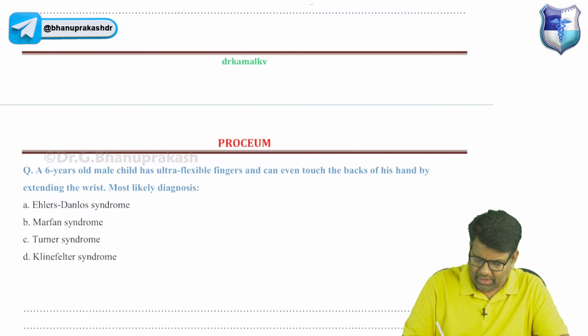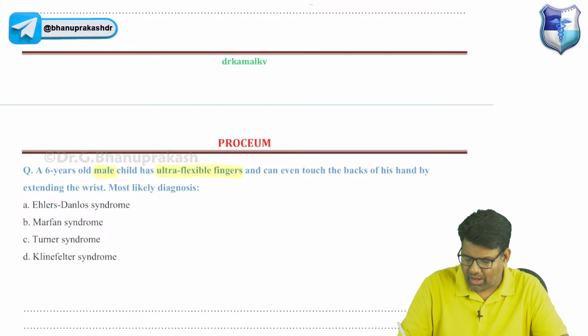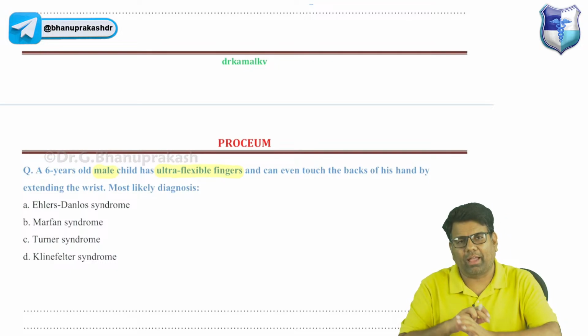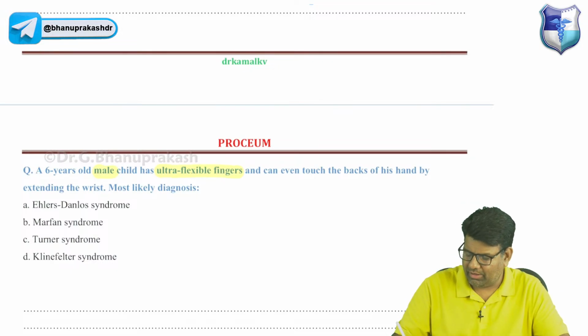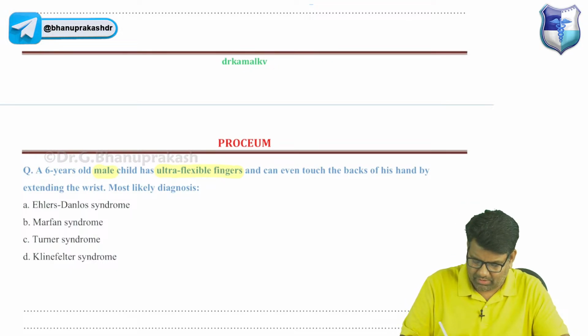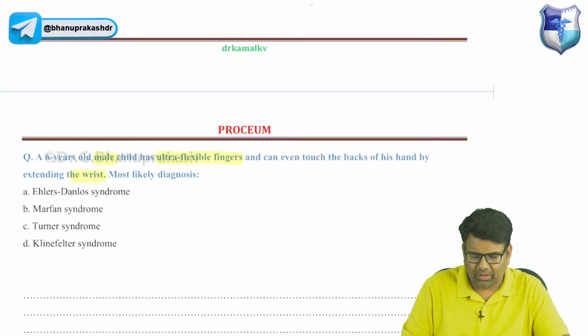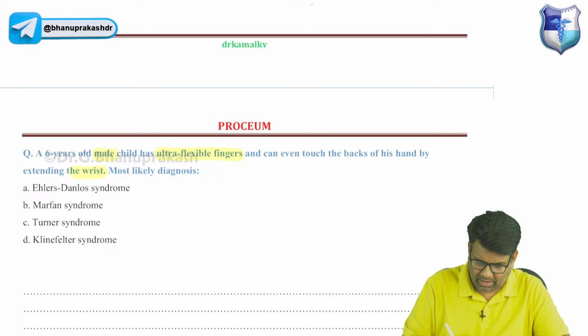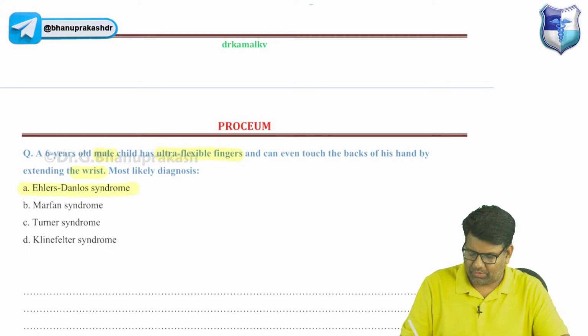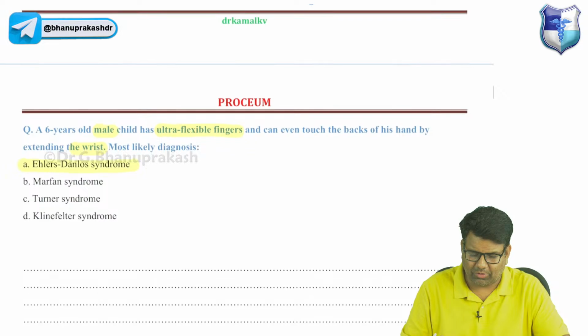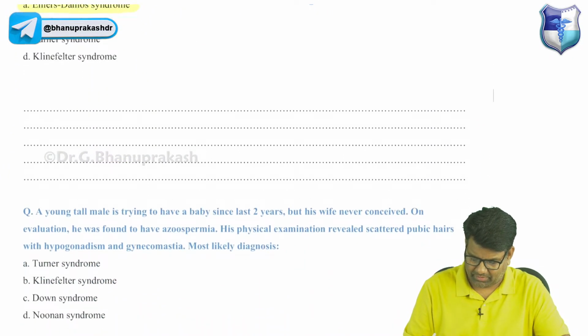Now, the child has highly flexible fingers, and he can even touch the back of his hand by bending the fingers at the wrist. What can be this? Yes, perfect. Ehlers-Danlos syndrome. Hyperflexible fingers. Ehlers-Danlos. Yes, right.